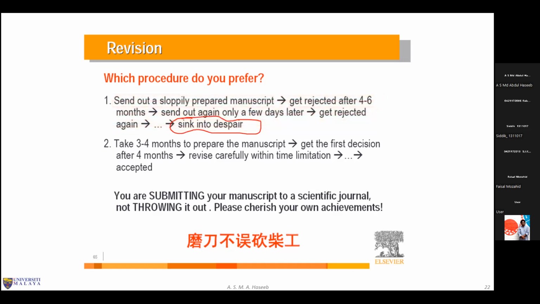Consider the second way. You are serious about your paper. You put a lot of effort into writing the manuscript. Once you put in a lot of effort, it's highly likely to be a good quality manuscript. It goes to the editor. You selected the right journal. So you get the first decision, acceptance, hopefully, with some revision, and then you revise very carefully.